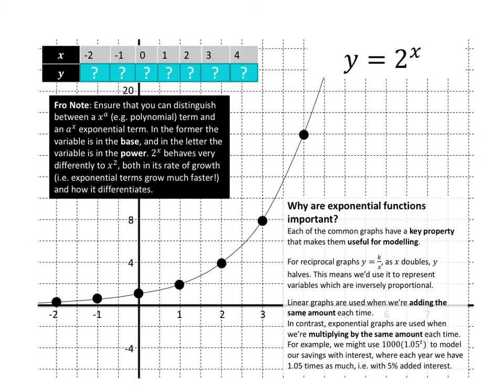Okay, so this is what we like to call an exponential function. With linear graphs there's a pattern, isn't there? For the gradient, you go across 1, up 1. But with exponential growth, 2 to the power of 2 is 2 times 2, and 2 to the power of 3 is 2 times 2 times 2.